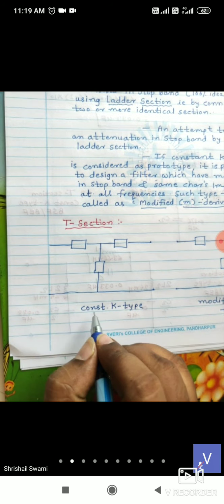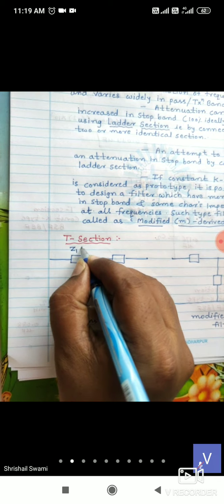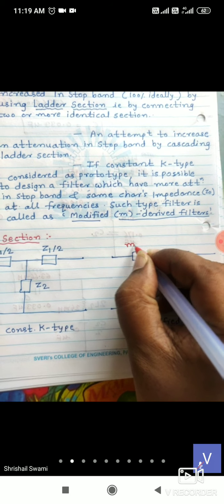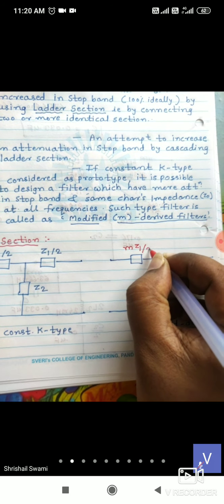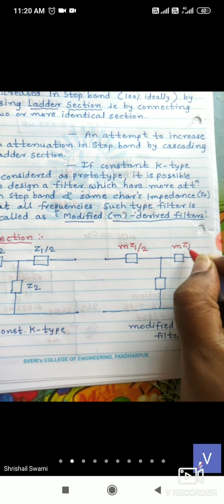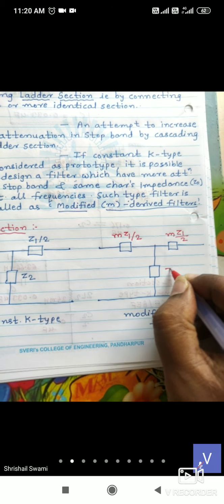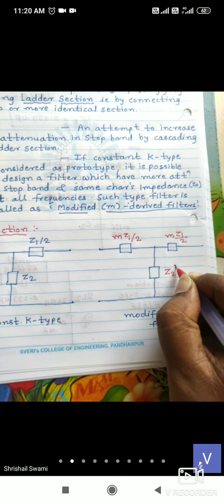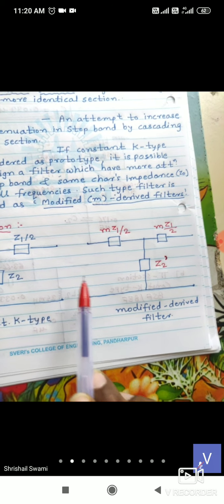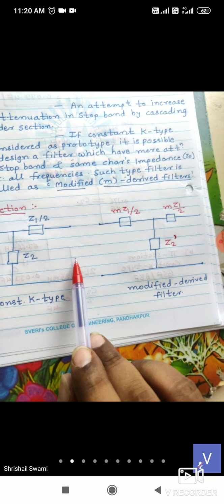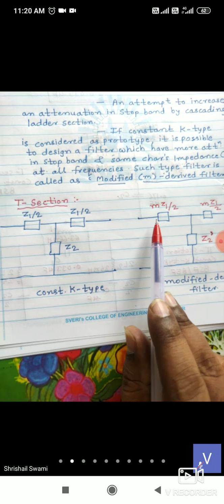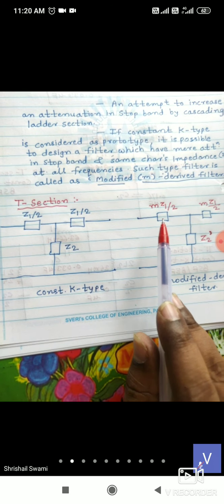So here in T section constant K type, it is Z1 by 2, it is Z1 by 2, and it is Z2. Okay, so in case of M derived filter of T section, that will be M into Z1 by 2, M into Z1 by 2, and it will be Z2 dash. Okay, the diagram will remain same, general diagram remains same, but the values of component will get changed.